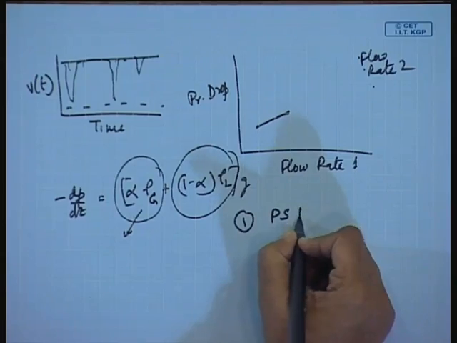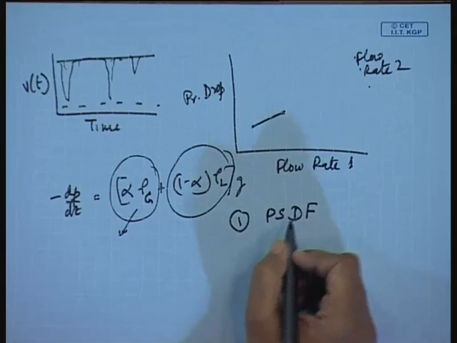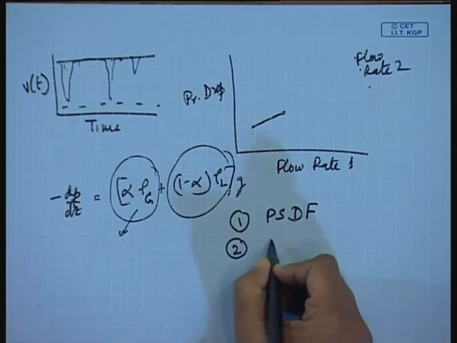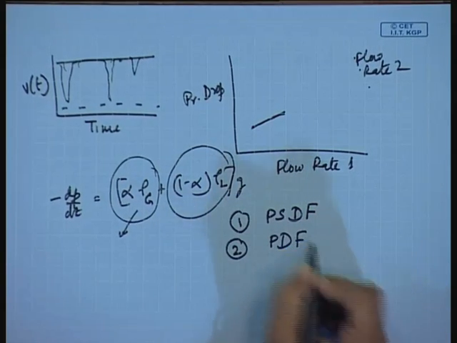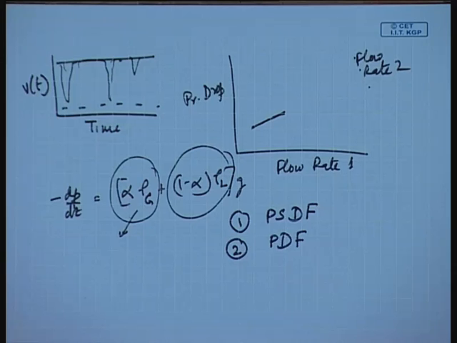The first is the power spectral density function analysis, and the second is the probability density function analysis. I leave this as a self study, which you will get as handouts, and it is also available in my web course.